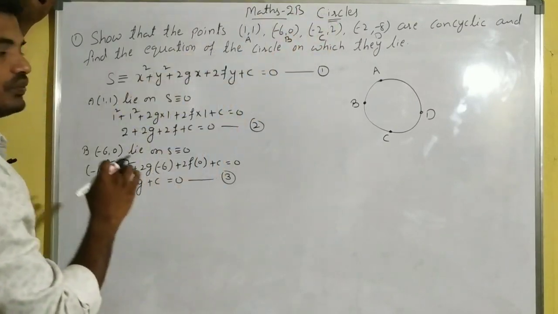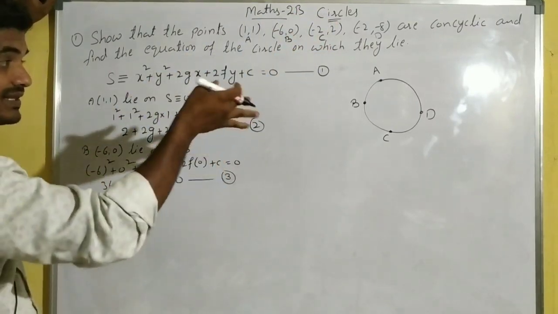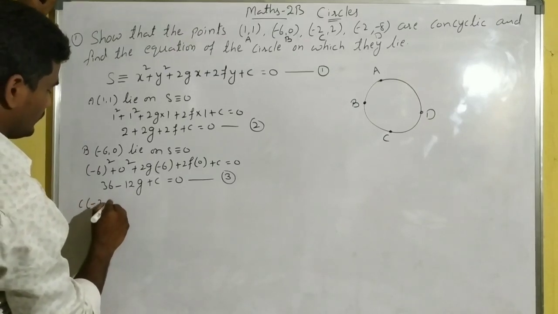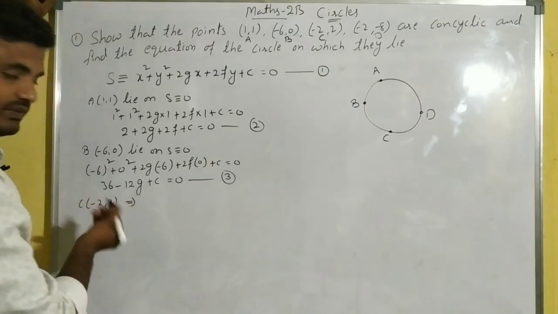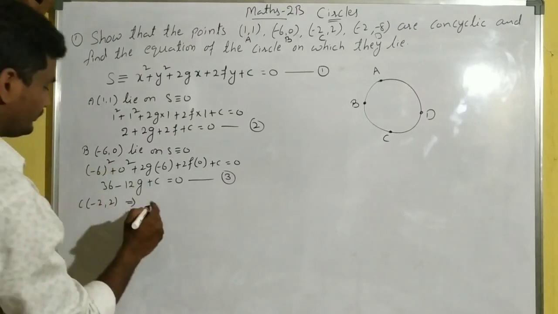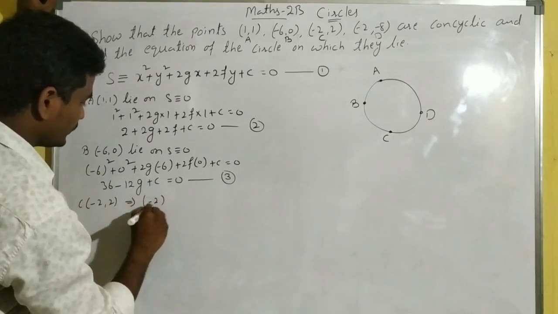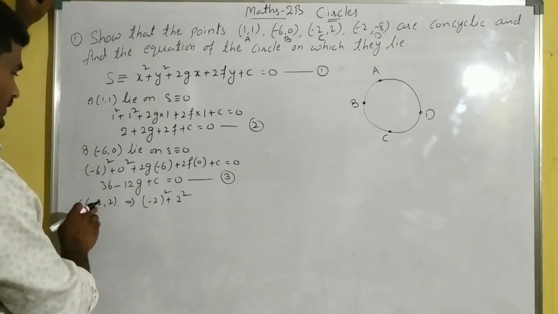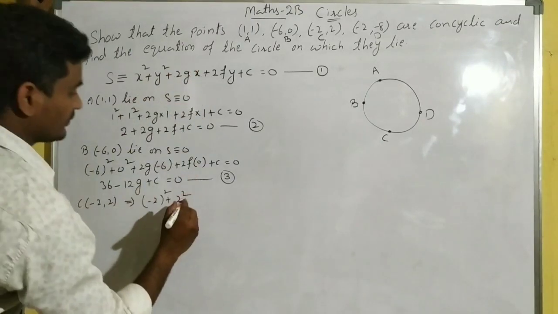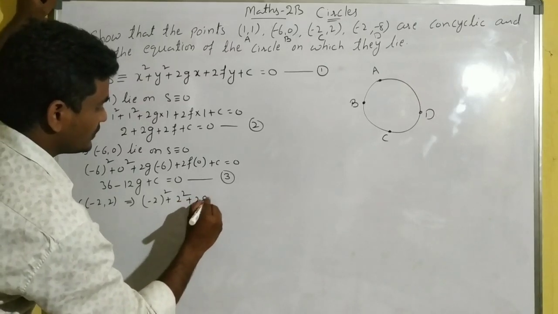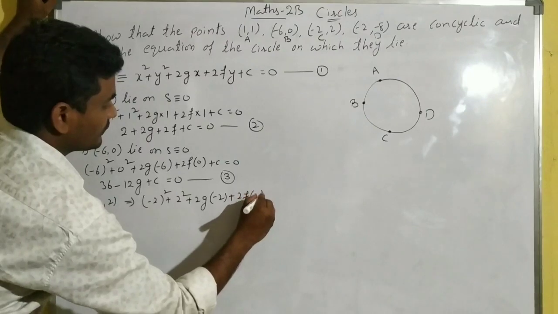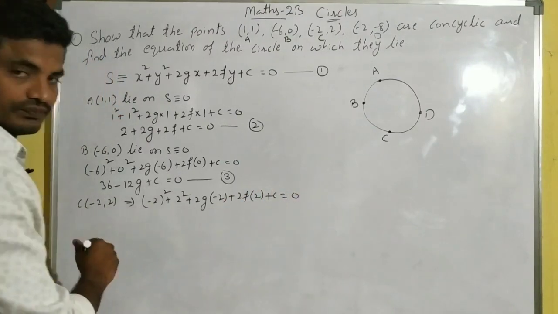(-2, 2) is also on the circle. So when I substitute in the same equation, we get (-2) whole square plus 2 square, plus 2g of (-2) plus 2f of 2 plus c equals 0.